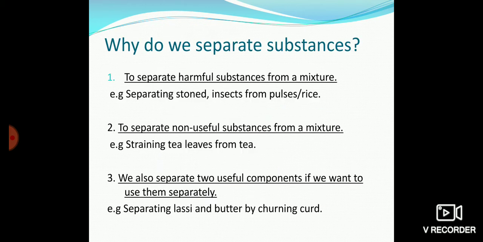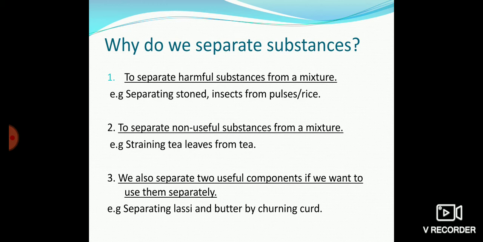Why do we separate substances? See the first point: to separate harmful substances from a mixture. For example, separating stones and insects from pulses or rice. Second point: to separate non-useful substances from a mixture.